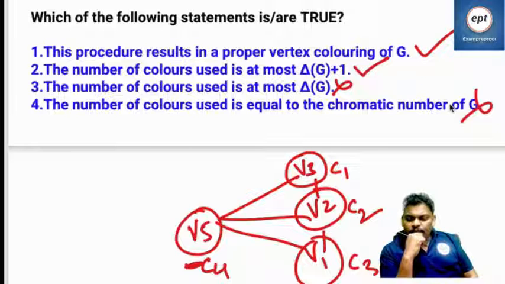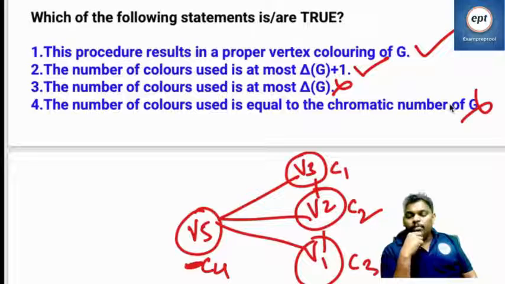This procedure results in proper vertex coloring of G. Okay. The number of colors used is at most delta G plus 1. The number of colors used is at most delta G. No. If it is a complete graph, delta G plus 1. The number of colors used is equal to the chromatic number of G. No proper algorithm.